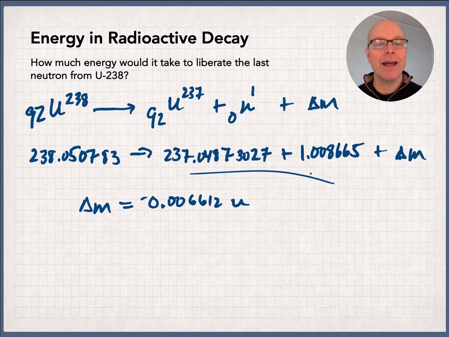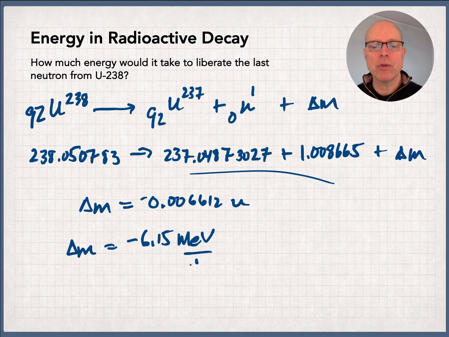This atom didn't like to have that neutron taken away from it. So if we're going to want to do that, we're going to have to go in with energy and apply that energy to the nucleus and use our own energy to steal that neutron away. And as we do, we'll just convert that to MeV over c squared units. So delta M, if we convert it, is negative 6.15 MeV per c squared.